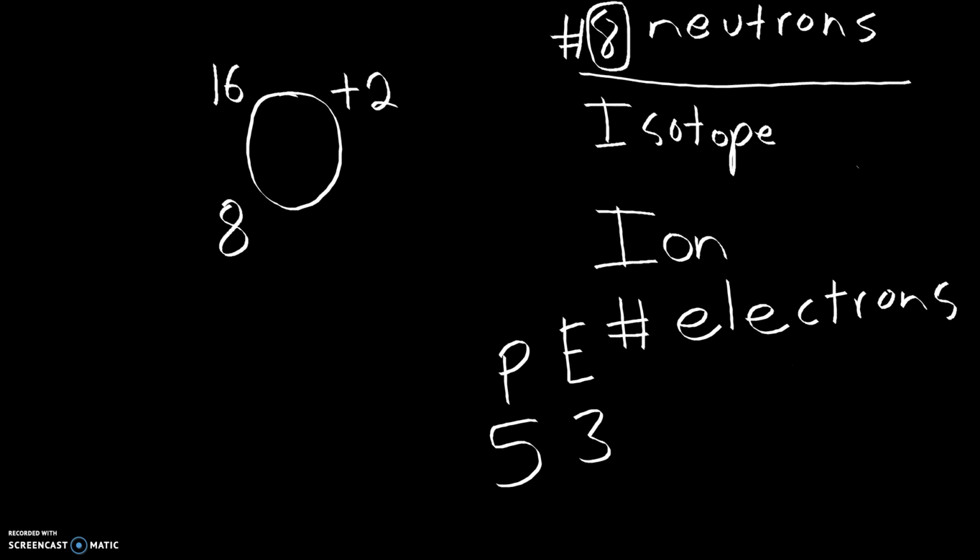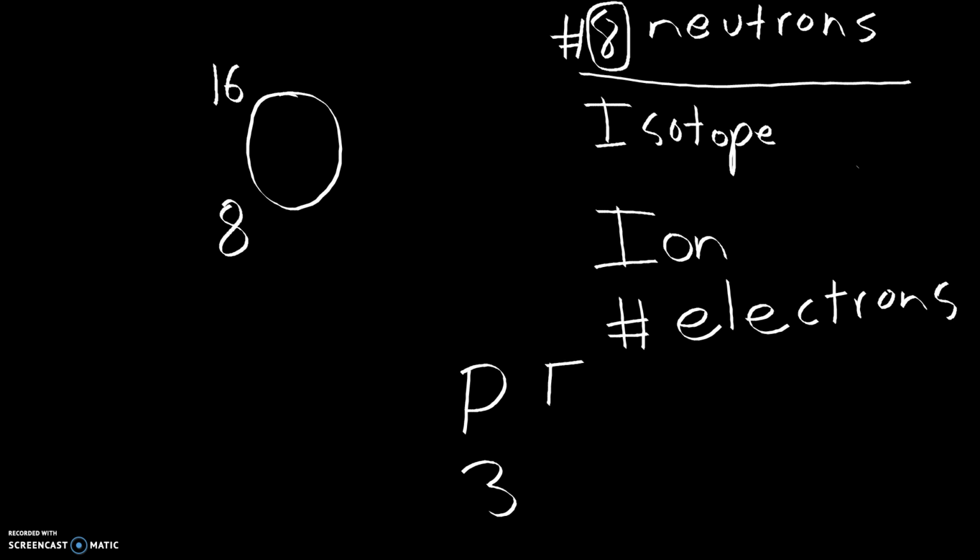But if instead the protons are 3 and the electrons are 5, that means there are 2 more electrons, and electrons, remember, are negative, so the charge would be -2.